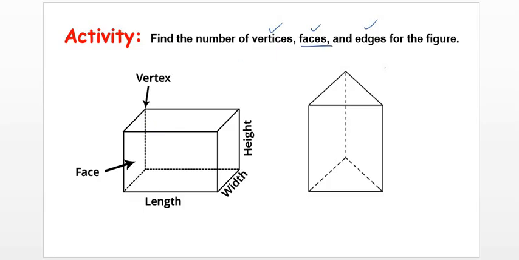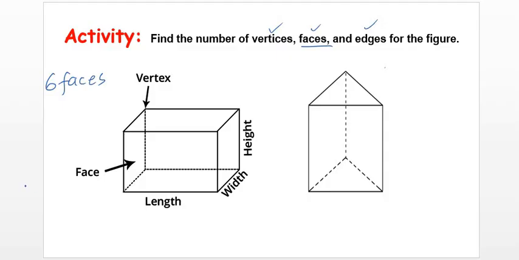For example, if you look at this box, we have here 6 faces, 1 in the bottom, 1 on the top, 1 on the left, 1 on the right, and similarly 1 on the back side and 1 on the front side. So it has 6 faces, right? All the flat shapes that are joined together to make a 3-dimensional figure are called the faces. So this figure has 6 faces, right? I'm talking about the cuboid, this box.